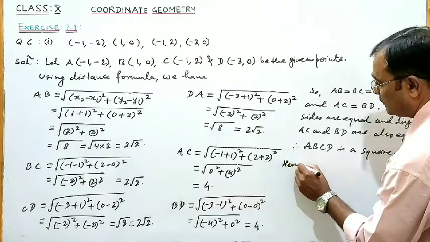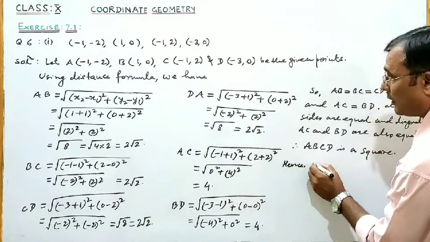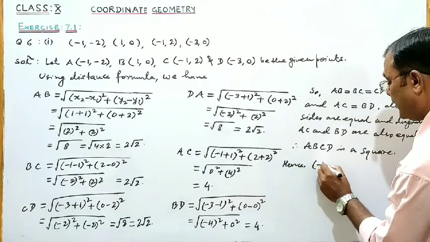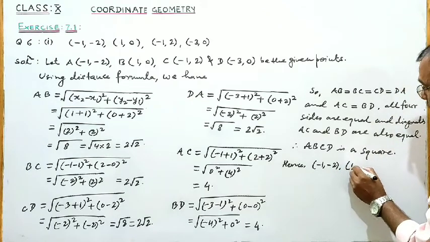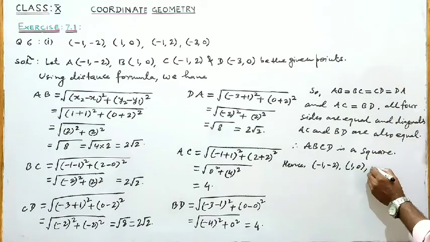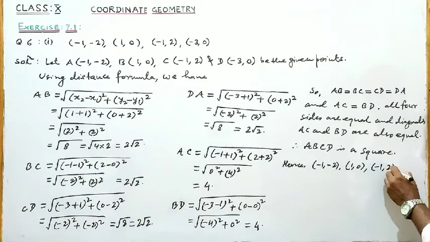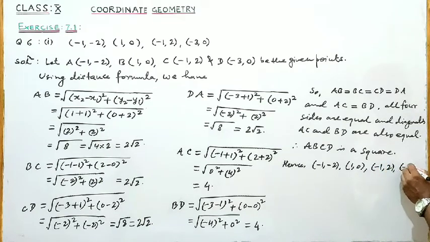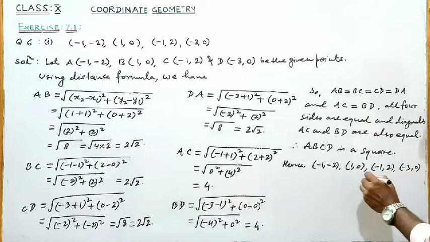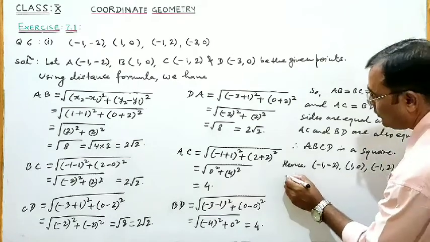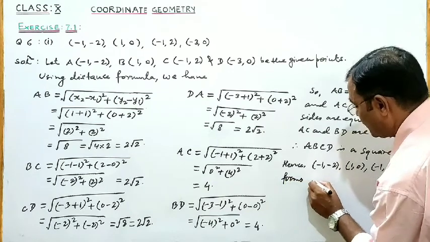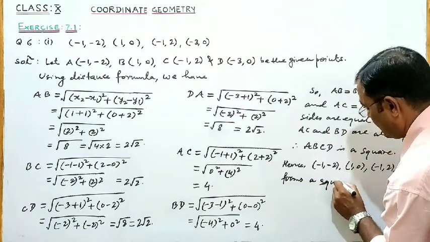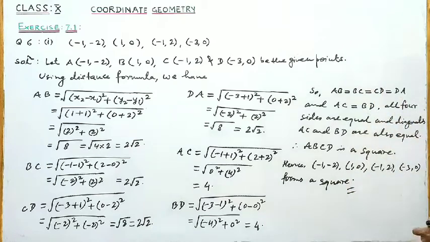Hence, points minus 1, minus 2, 1, 0, minus 1 comma 2, minus 3 comma 0 form a square.